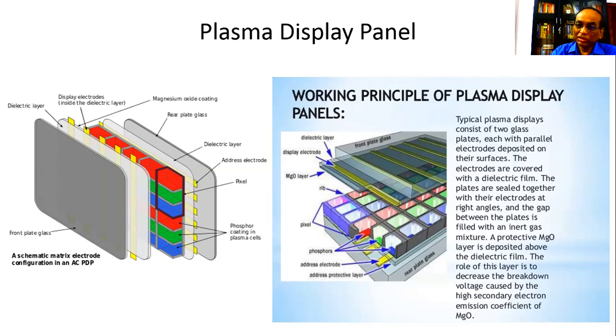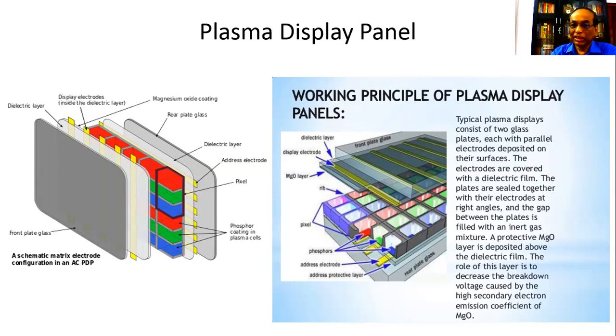Because when this magnesium oxide layer is impacted with an electron, it will emit several electrons. Ideally for alumina and magnesium oxide, the secondary electron emission coefficient is very high, 7 to 9.